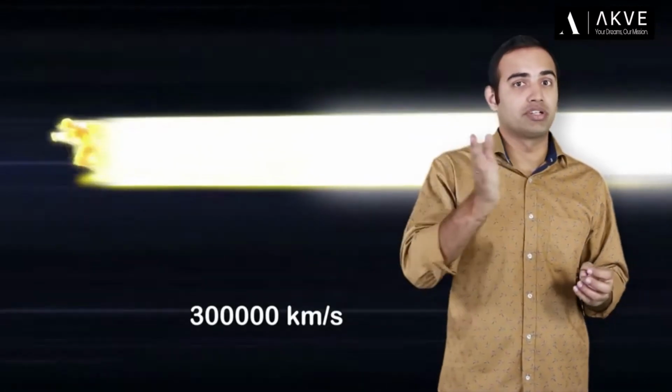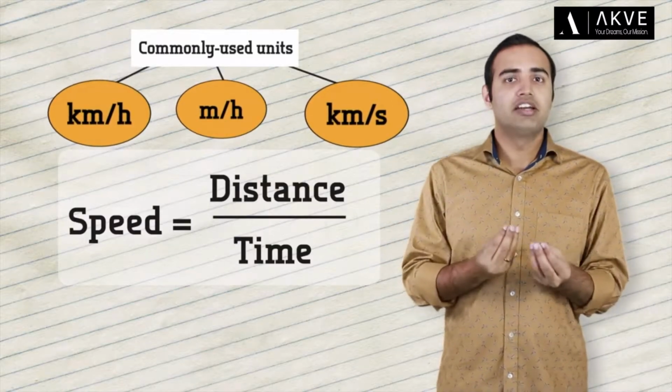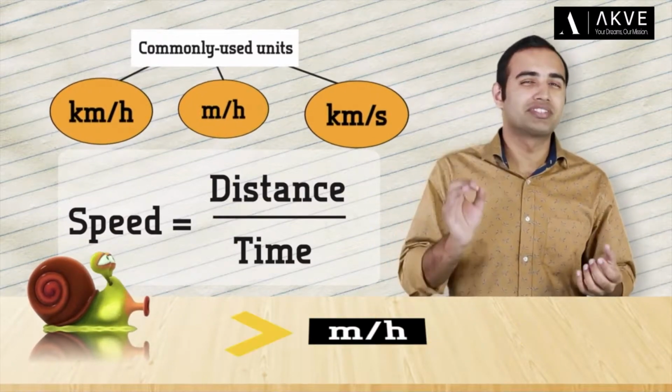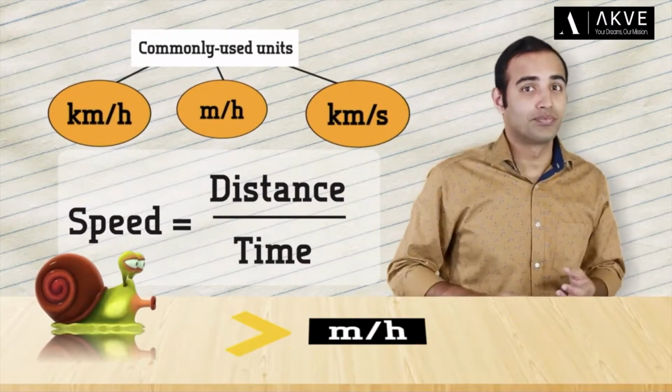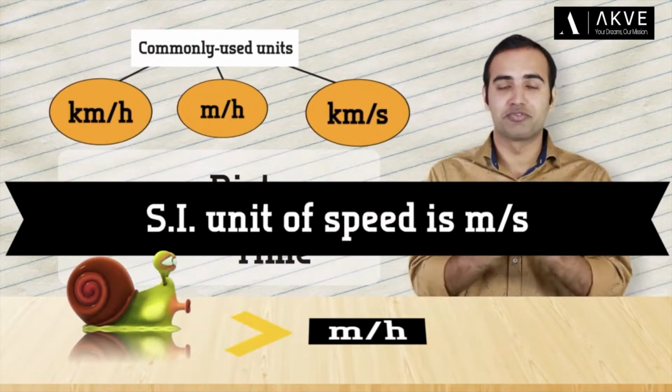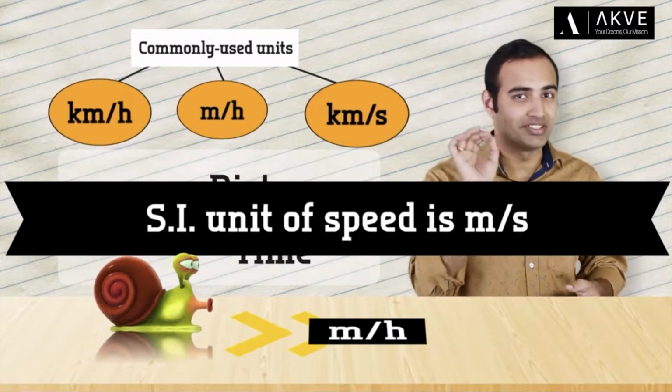For example, we express the speed of light in kilometers per second because light actually travels that fast. Similarly, we can express the speed of a snail in meters per hour because a snail actually travels that slow. But on top of all this, you should know that the SI unit of speed is actually meters per second.